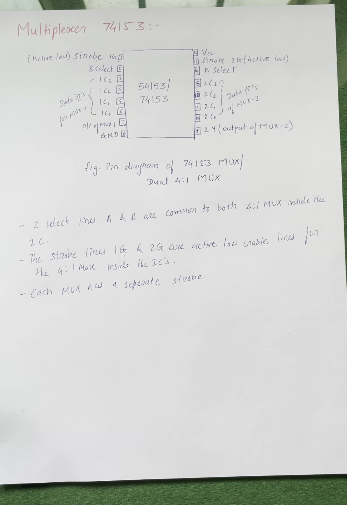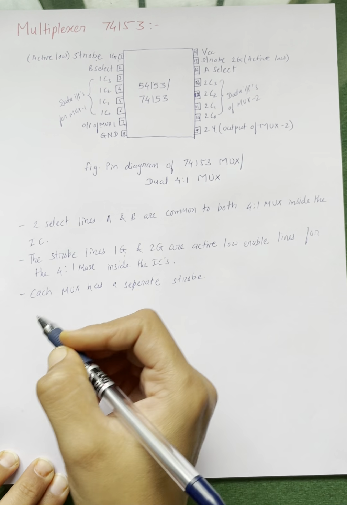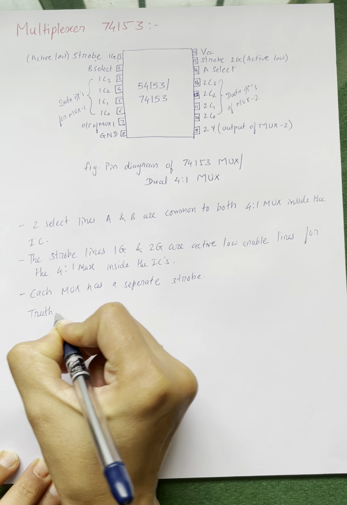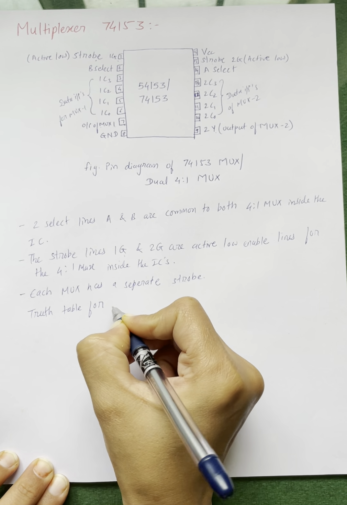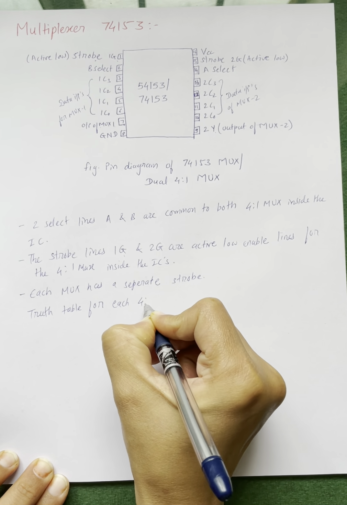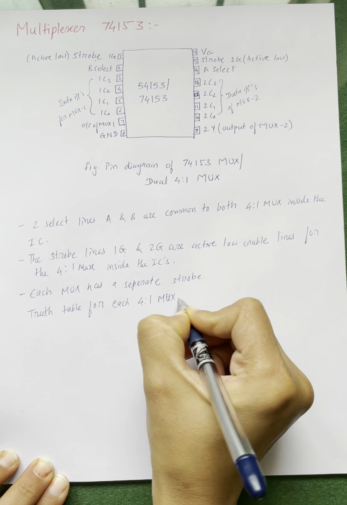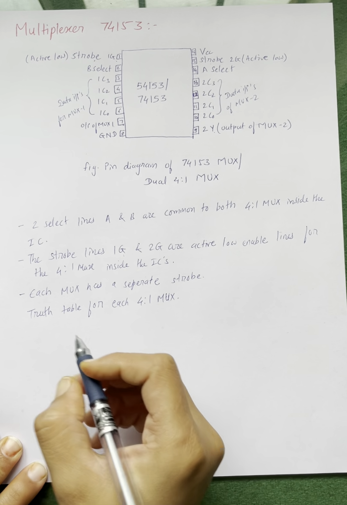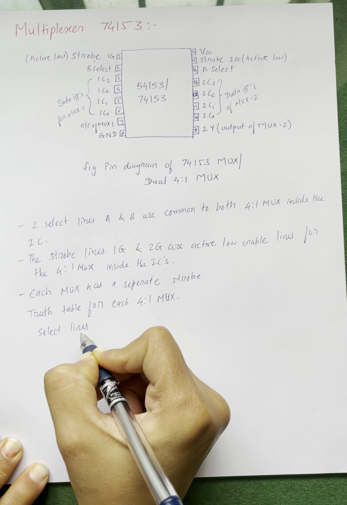Now I'll tell you the truth table for this 4:1 multiplexer. Here two 4:1 multiplexers are there, but I am drawing the truth table for each 4:1 mux. I'll write here select lines. What are your select lines?